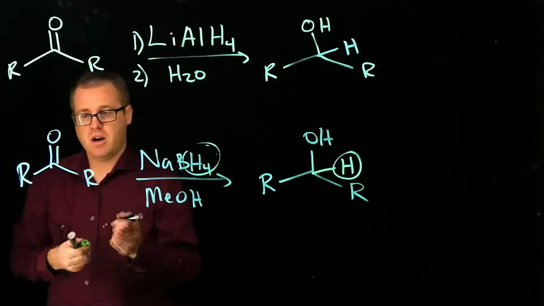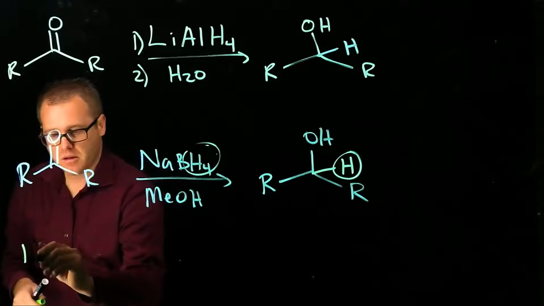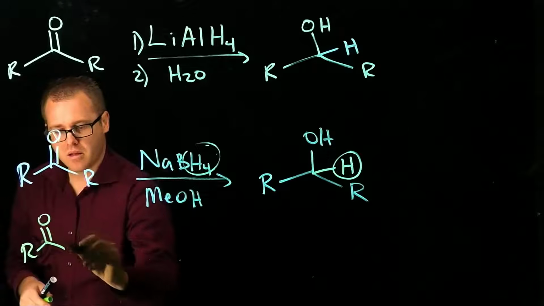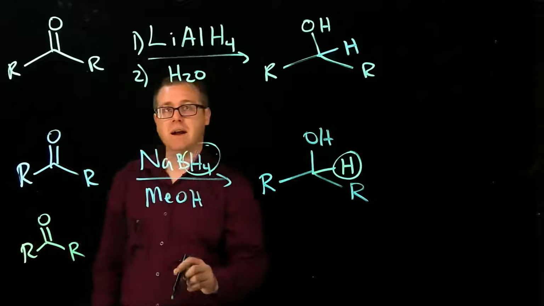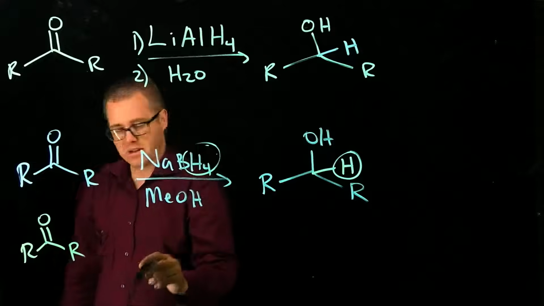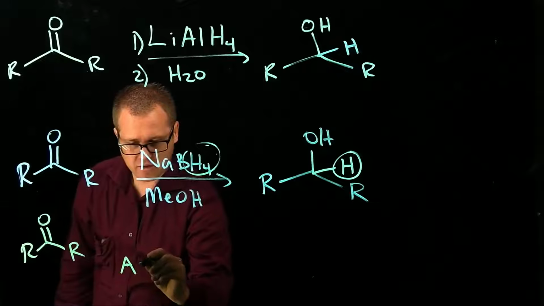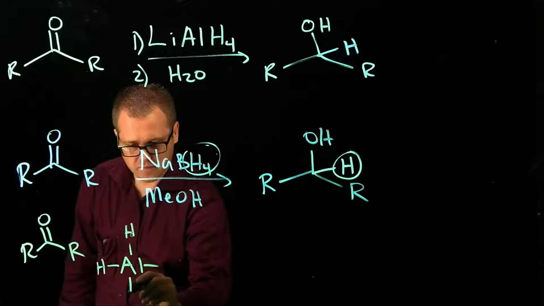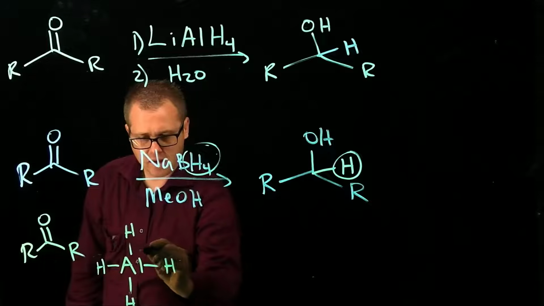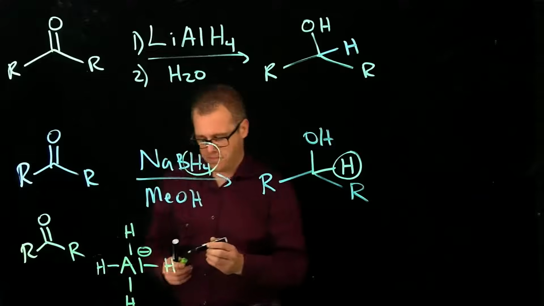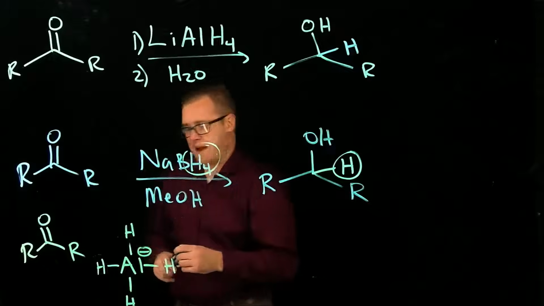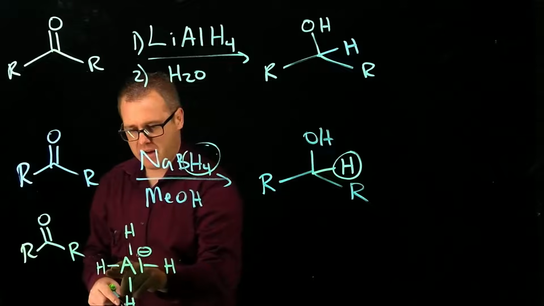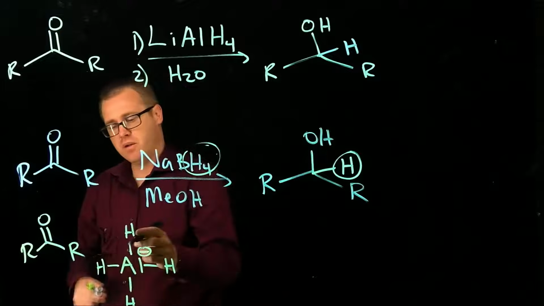So if we have our ketone or aldehyde, and if I draw out lithium aluminum hydride, I could draw it like this. And it's negatively charged, right? And so that makes this hydrogen right here, that bond right there, very nucleophilic.